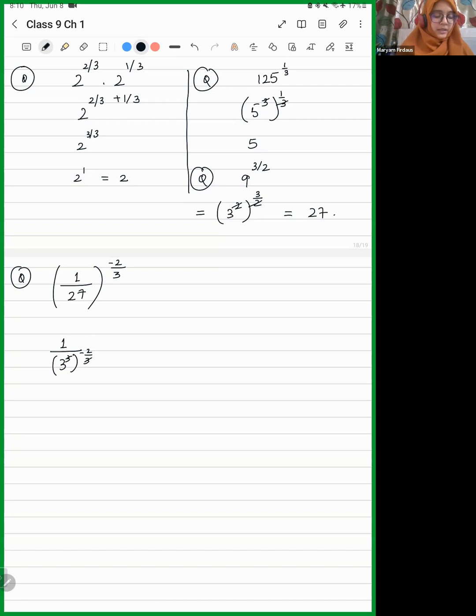Then the 3 and 3 get cancelled, and this becomes 3 raised to the power minus 2. You bring it up, 1 by 3 to the power minus 2 becomes 3 to the power 2, and that is 9.